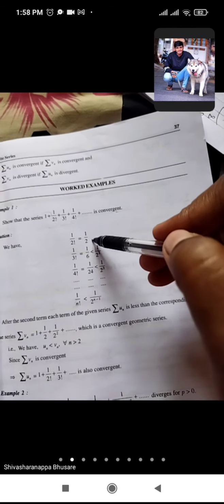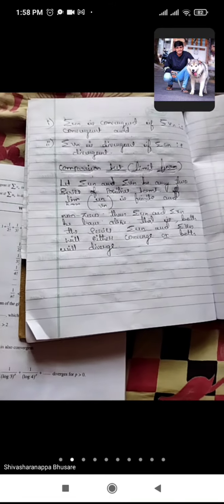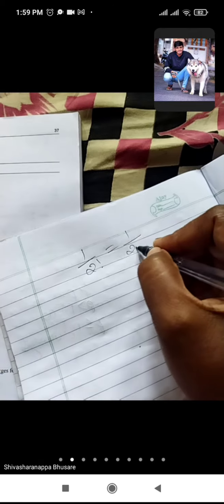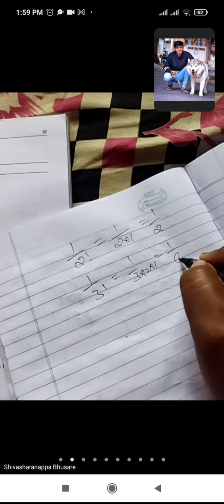So if I take the second term, 2 factorial, if we expand it, it means 2 into 1, which is nothing but 2. Next, 3 factorial, expand the factorial: 3 factorial is nothing but 3 into 2 into 1, so 1 divided by 3 factorial is 1 divided by 6.